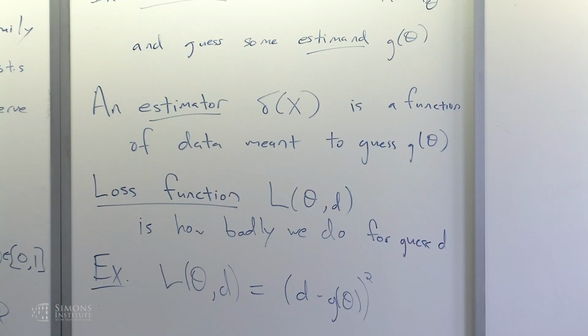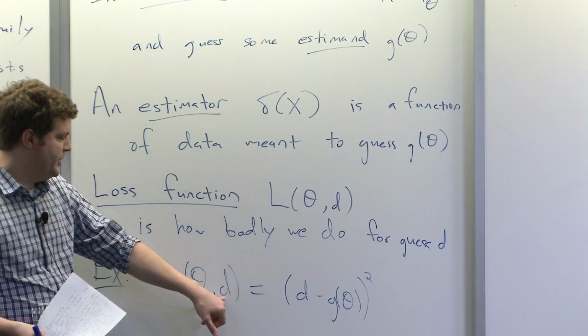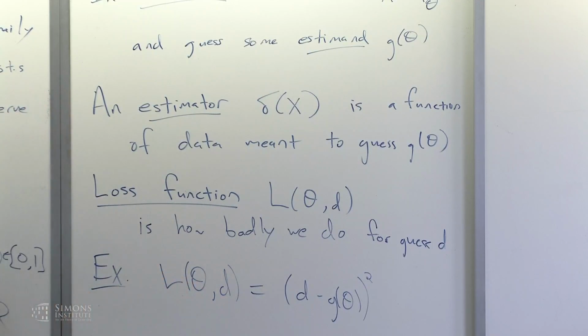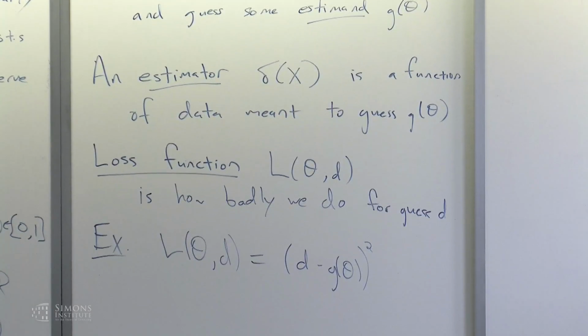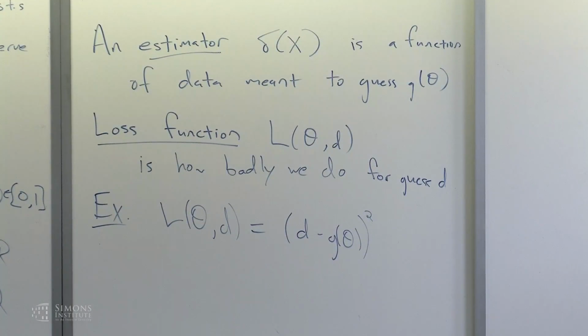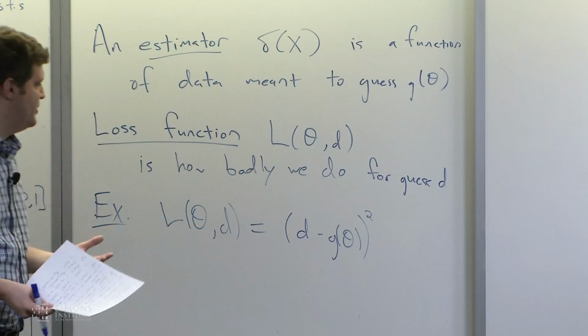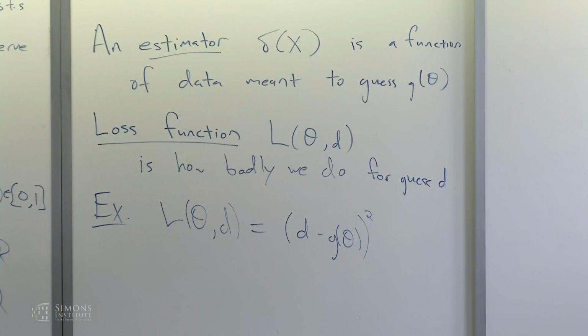Okay, so this is how well we do for any given realization, but we have to design an estimator. So when we design an estimator, we don't know yet what the data are going to be. We certainly don't know what the parameter is, but we want to come up with an estimator that's going to do well most of the time. It's going to give us a good loss most of the time.